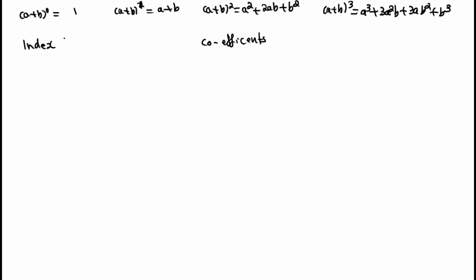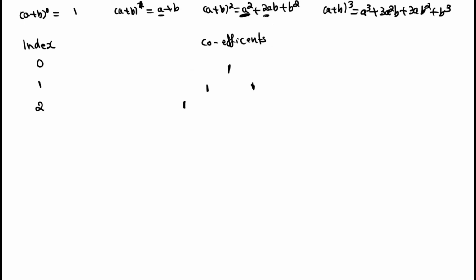Okay, when index is equal to 0, power equal to 0, you are finding only one constant term, that is 1. When index is equal to 1, see, with a, what's the constant term? We'll get 1. With respect to b, you will get constant term 1. When index is equal to 2, we are getting 3 terms, right? First coefficient is 1.